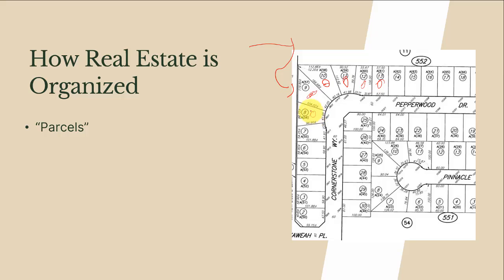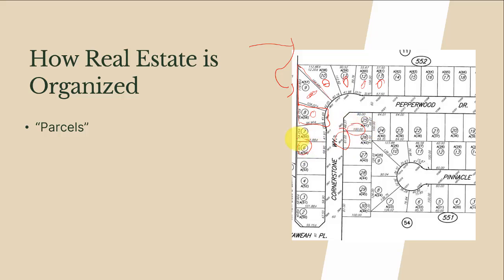This looks like a residential neighborhood, and so each of these is the lot basically. So you're given kind of a lot by lot map of the entire neighborhood. Each of these lots is specified by its dimensions. You can see that there's some kind of dimensional markings here, and it's also numbered.